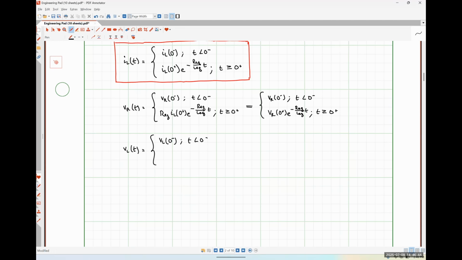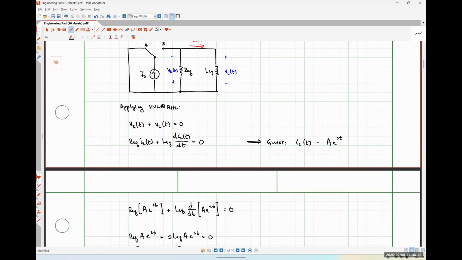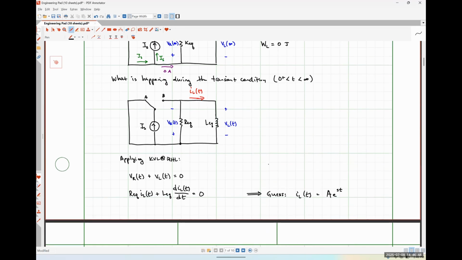And then if I look back at my circuit during the transient condition, REQ and LEQ are in parallel, so the voltages across them are the same. The inductor voltage is defined as the opposite polarity of the resistor voltage.